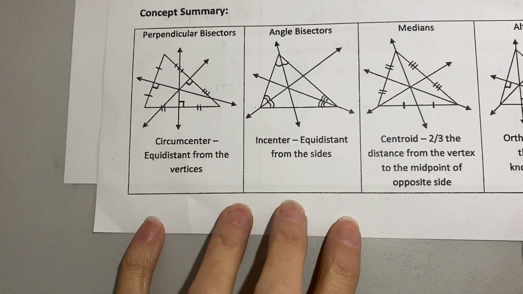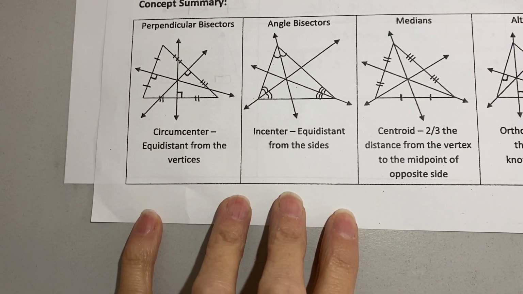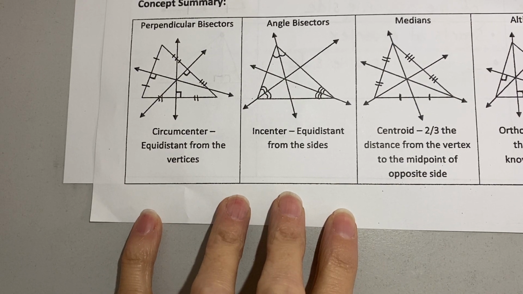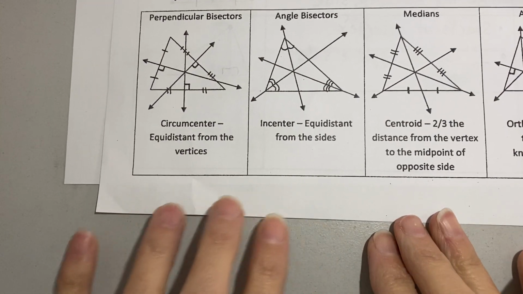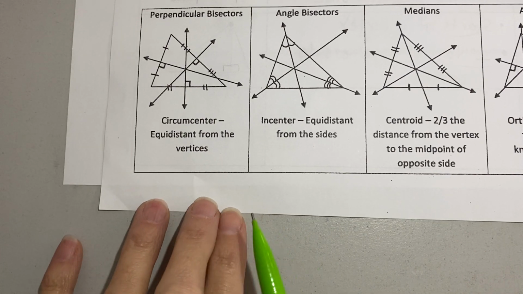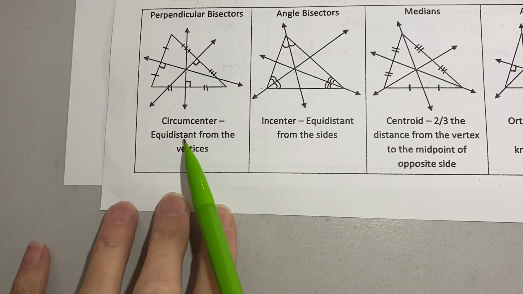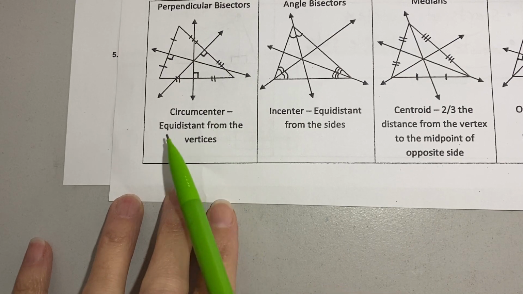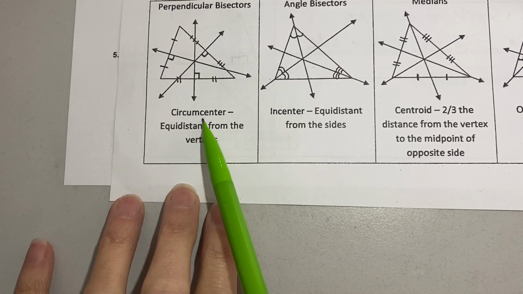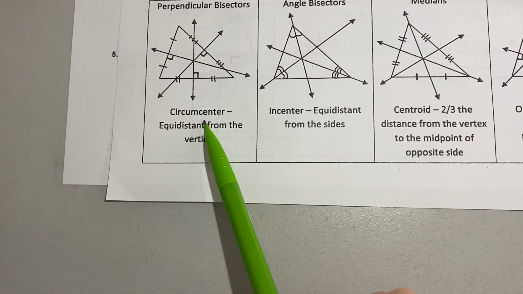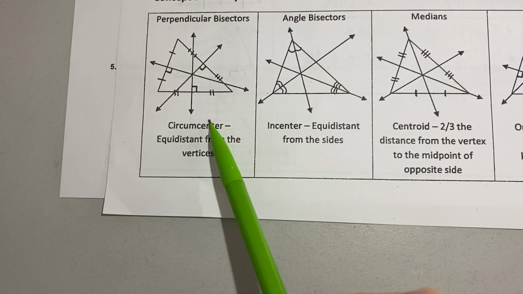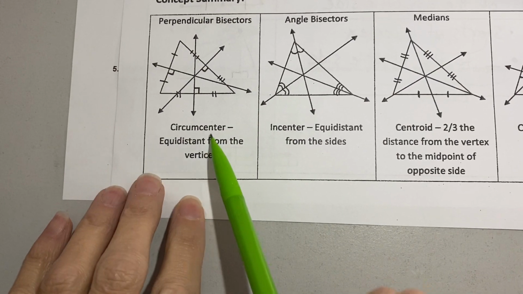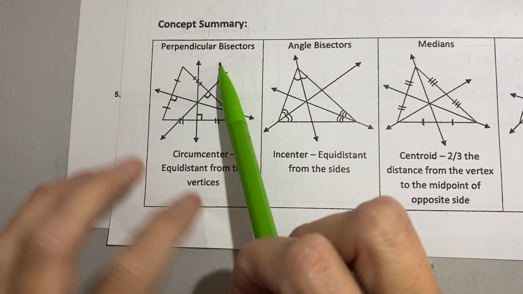So equidistant from the vertices. So if you look at this little chart, find the one that says equidistant from the vertices. So here you have circumcenter. The circumcenter is equidistant from the vertices. So that's what they're asking us to find. They're asking us to find the circumcenter because that's the thing that's equidistant from the vertices. And so I need to find the perpendicular bisectors.